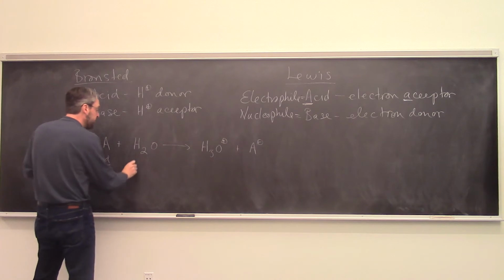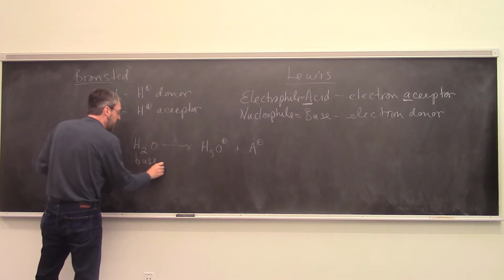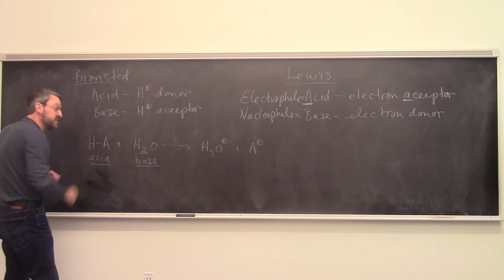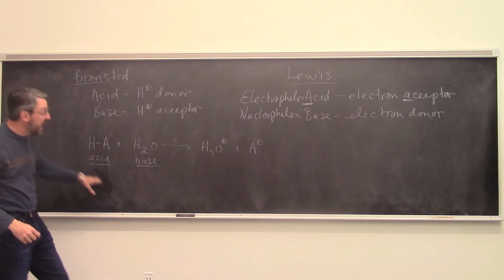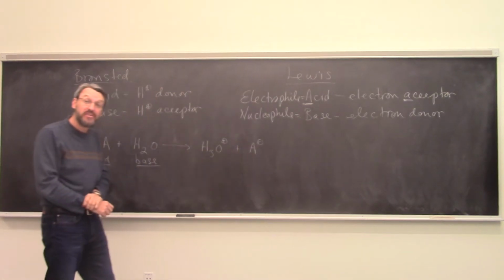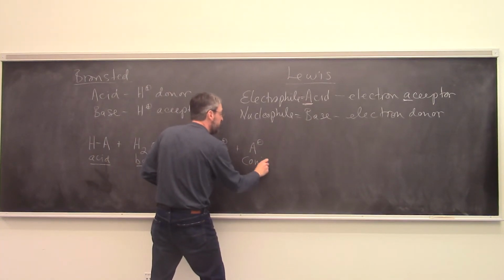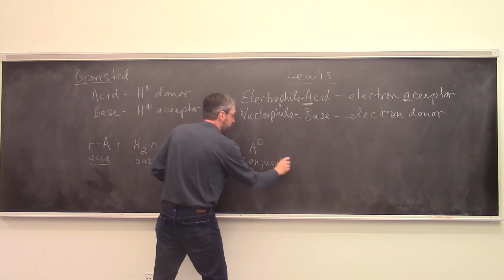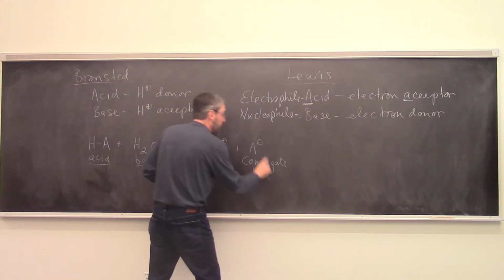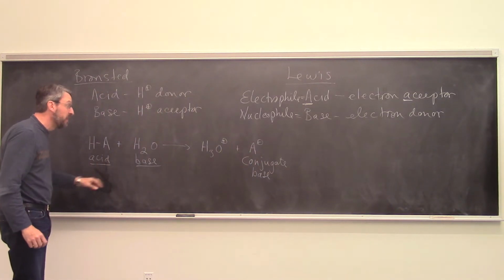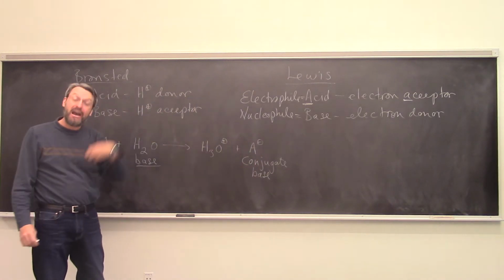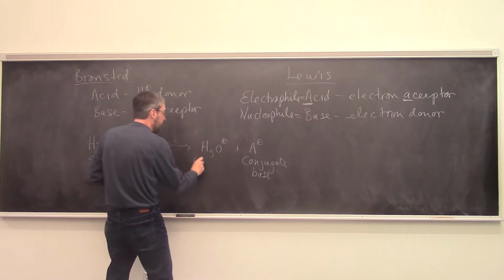Okay, water is acting as the base, right? So this is donating the H, this is accepting it. The A minus, after the H has been removed, is the conjugate base of the original HCl, and H3O plus, after it has accepted, is the conjugate acid.